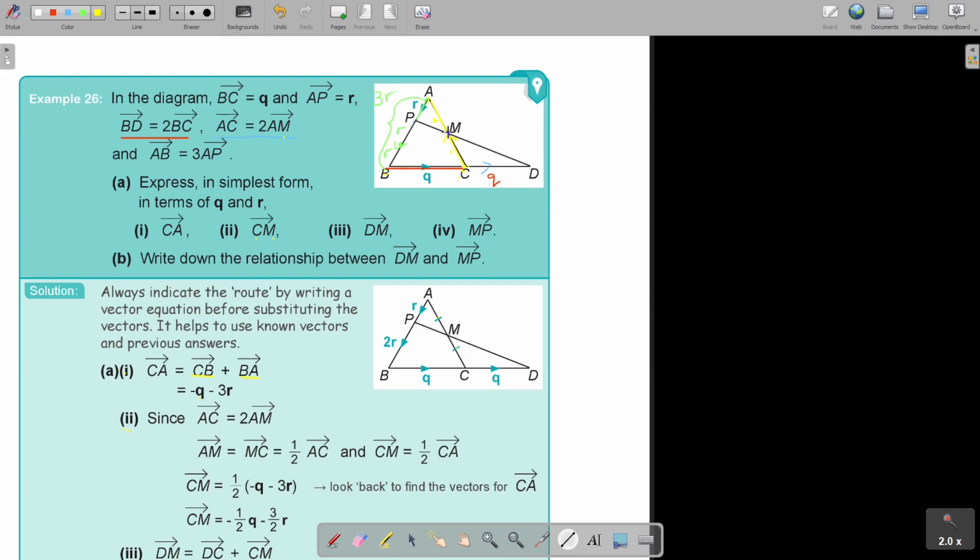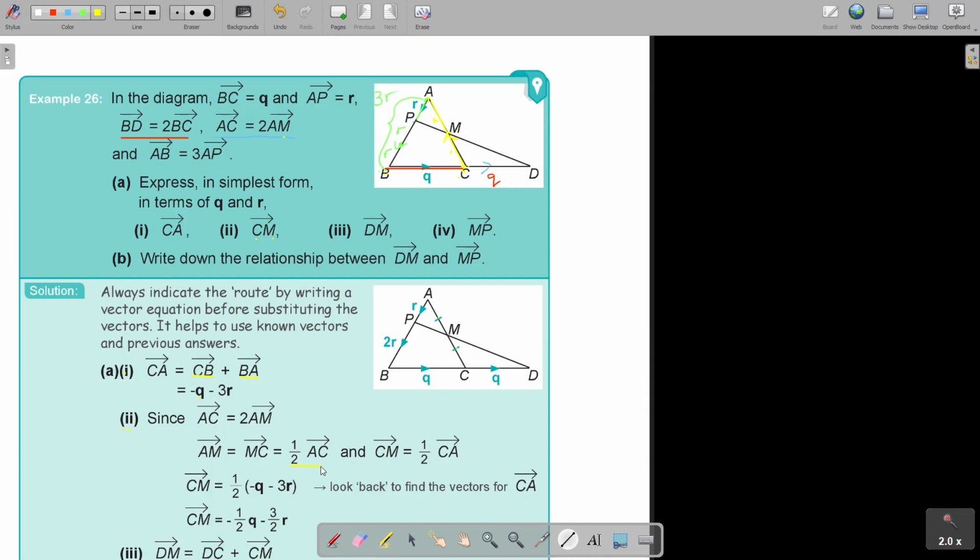MC is a half of AC, so AM is the half of AC. That's correct. Now, CM is a half of CA. It's just in the opposite direction.